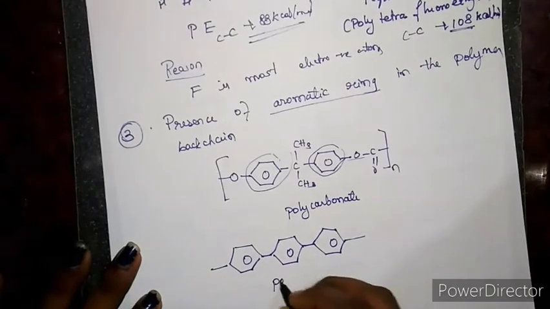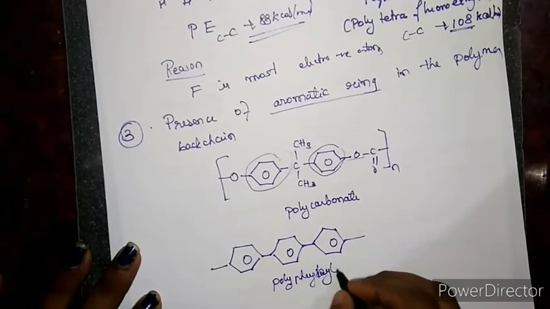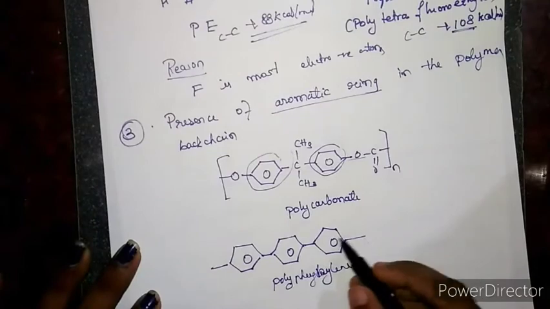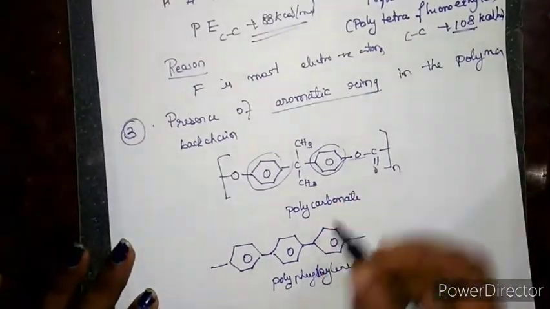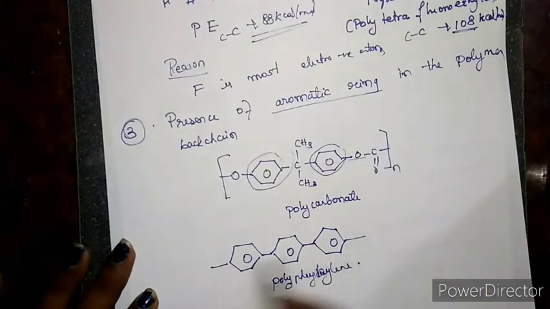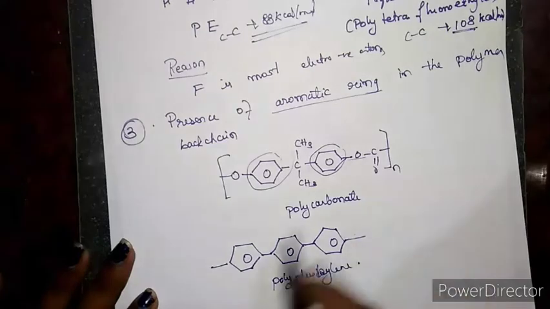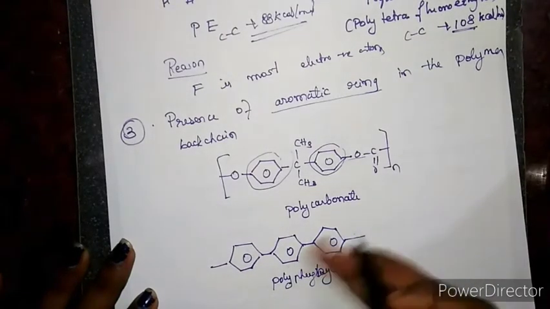Tell me. It is polyphenylene. This is much more stable when compared to polycarbonate. Why? Because here all the atoms or groups in the polymer backbone are made up of aromatic rings only. That's the reason why polyphenylene is most stable.